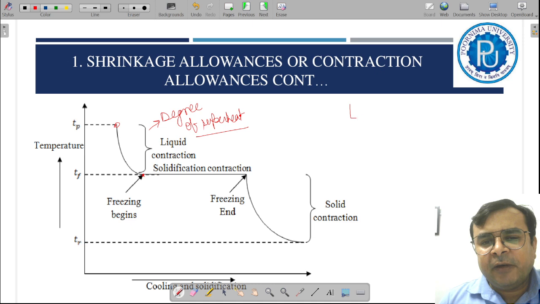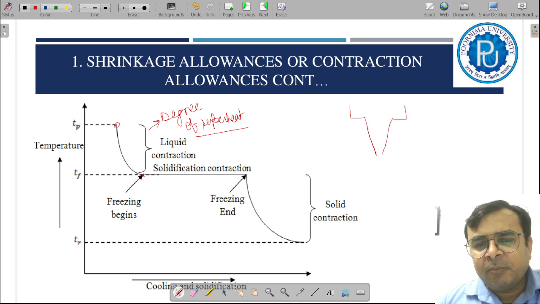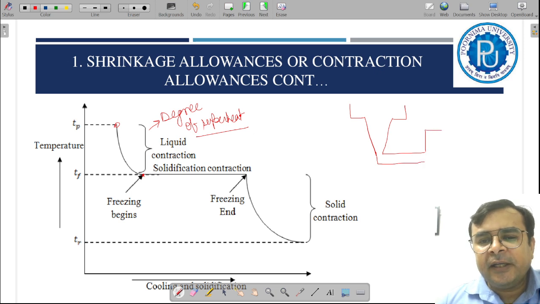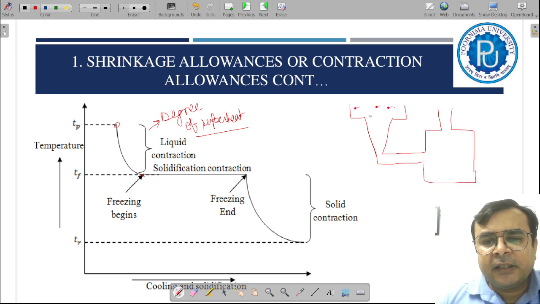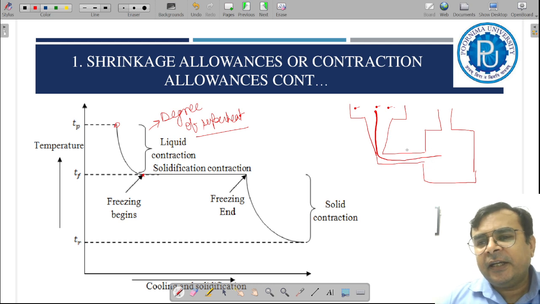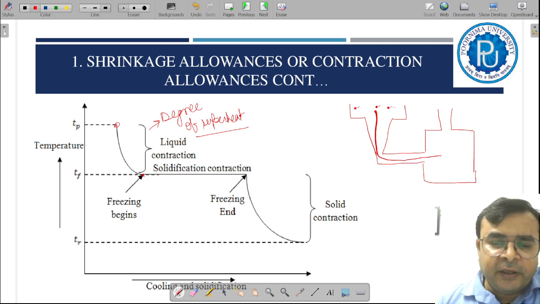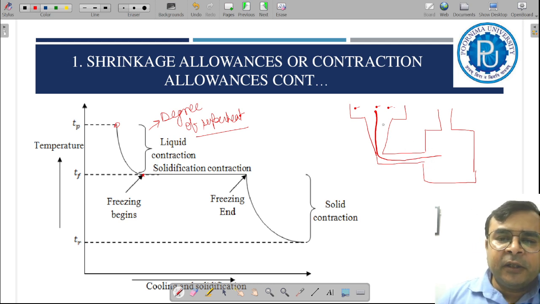You can see here, when you pour the molten metal, which I already explained, the molten metal needs to flow a certain distance, yes or no? And when it flows from the pouring basin over this distance, it requires time for filling, and obviously during this flow some heat may go out.